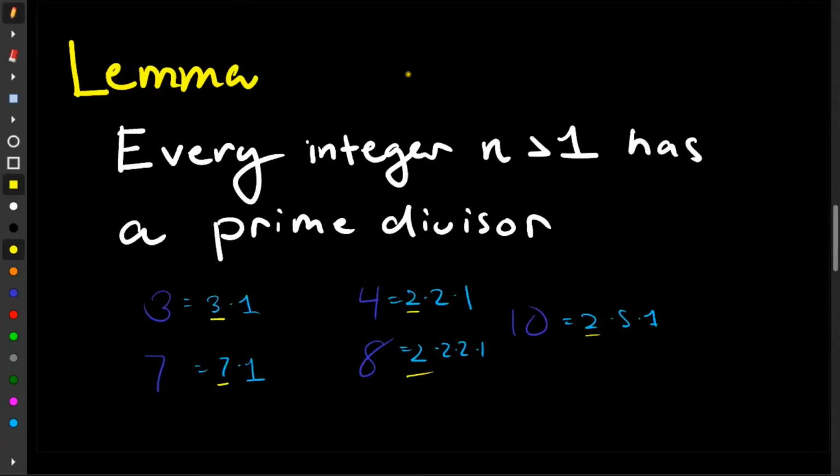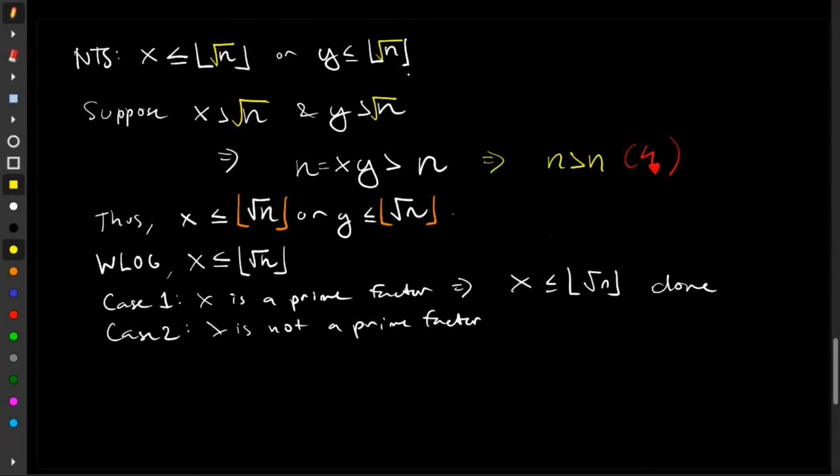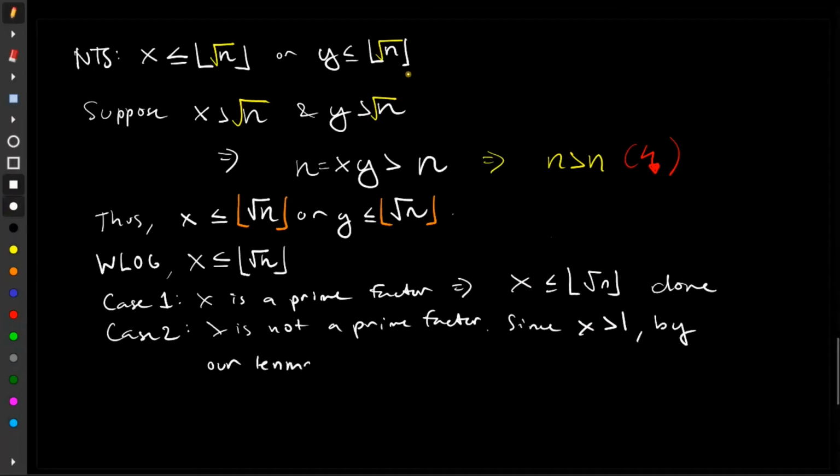So we can apply the lemma out here. This lemma states that every integer greater than 1 has a prime divisor. So let's state that out. Since x is greater than 1, by our lemma, x has a prime factor.